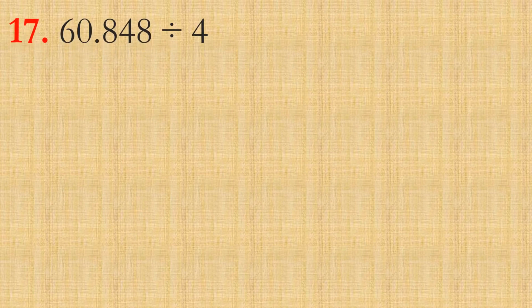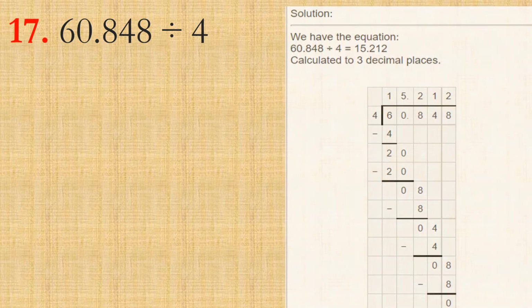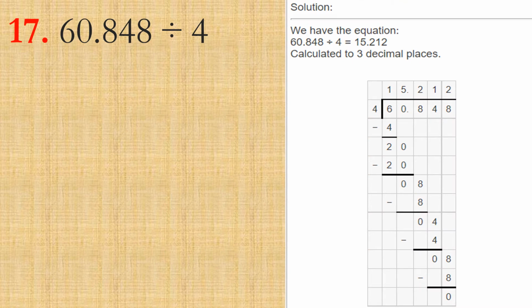So number 17, we have here 60.848 divided by 4. So first, you're going to solve that one using the long division. Well, it's up to you. So you're going to divide 60.848 by 4.